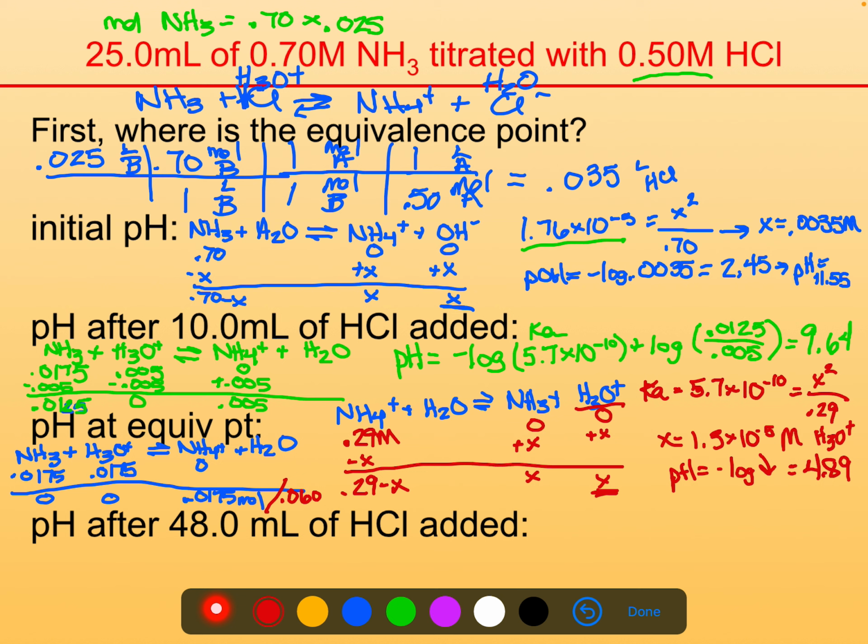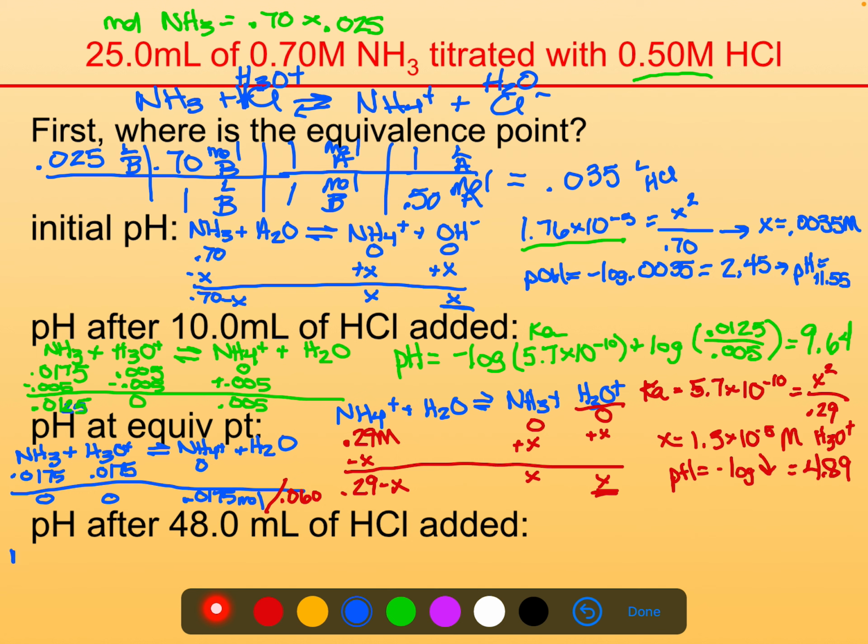For the last step, since we're looking at the pH at 48 milliliters, this is past the equivalence point. So all of the base should have been neutralized and we should have excess hydronium ions. So we just have to figure out how much excess we have.